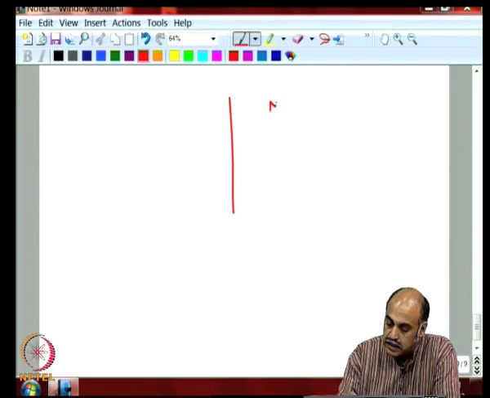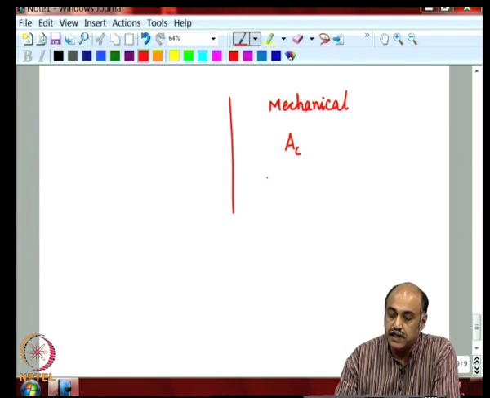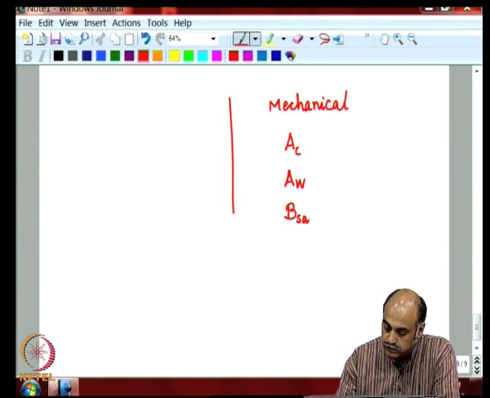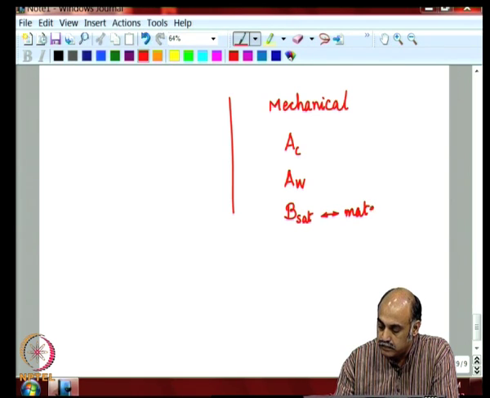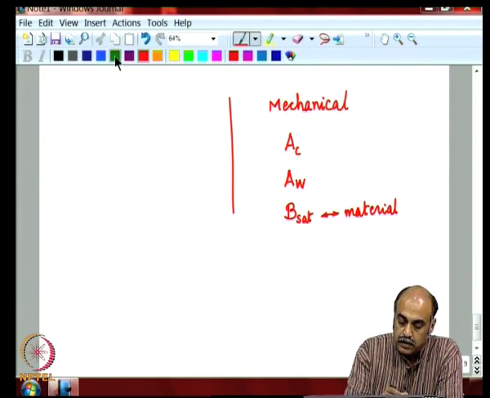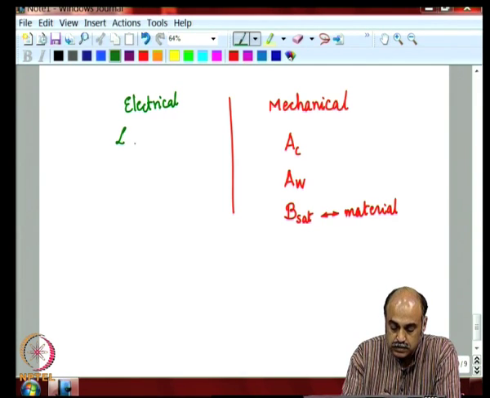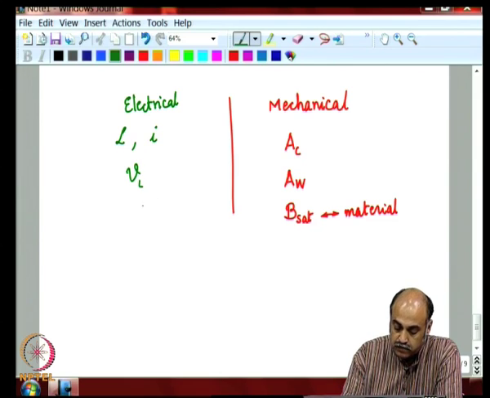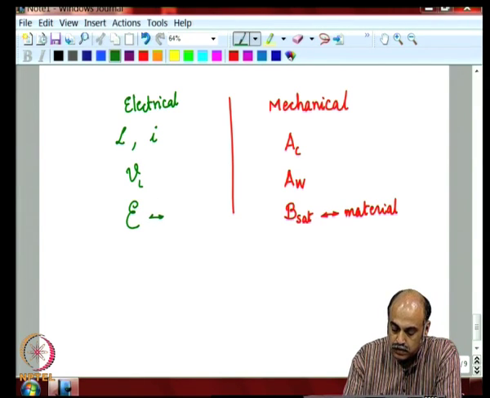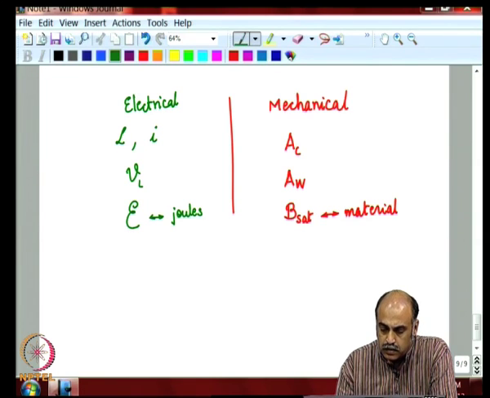On the mechanical side, we have what is known as core cross section area, you have the window area, you have B sat, again coming from the material, and on the electrical side we know how to get the value of the inductance, we know what is the current flowing through the inductance, we know what is the voltage across the inductance, and from here we know what is the energy in joules which the inductor will have to store.